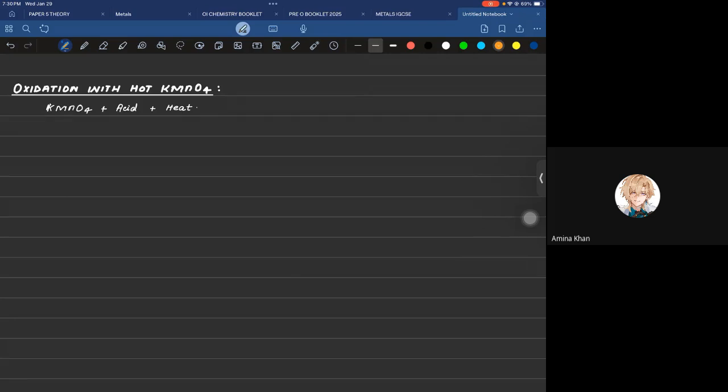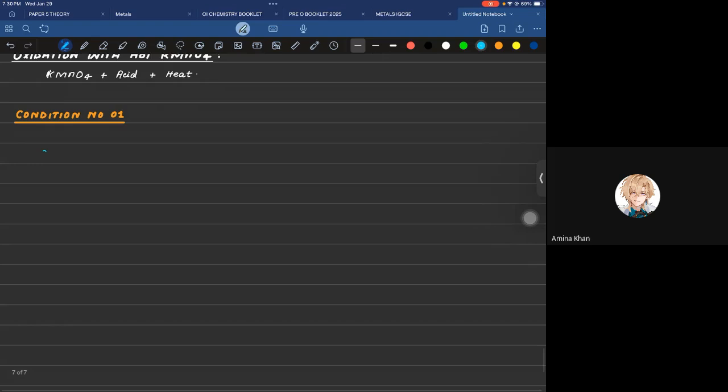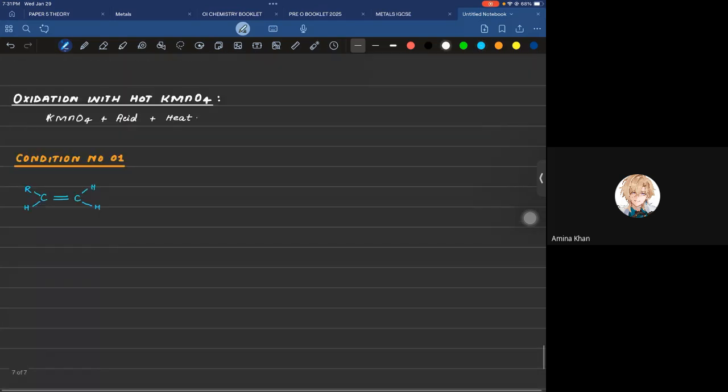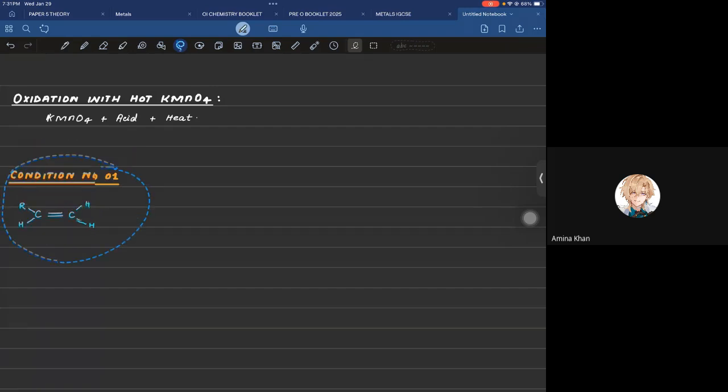Number one, condition number one says: if you have this, that is R and H. Also, one thing: when you are using hot KMnO₄, rather than only the pi bond, the whole double bond would rupture.